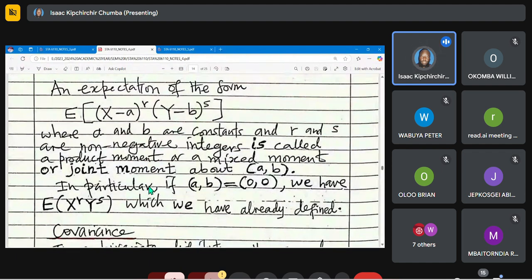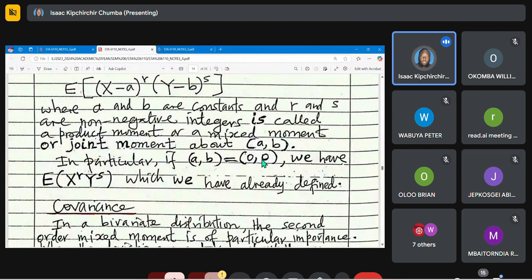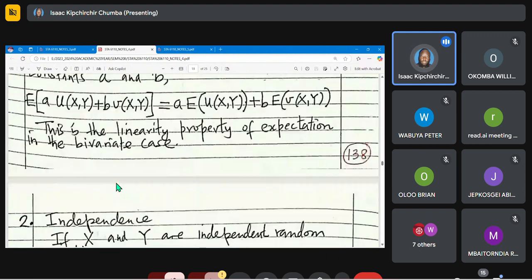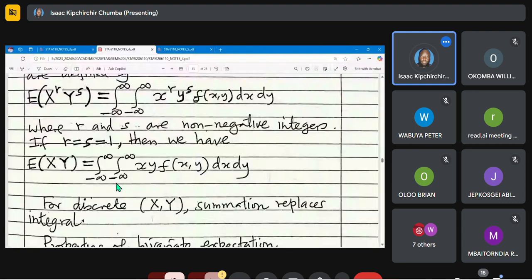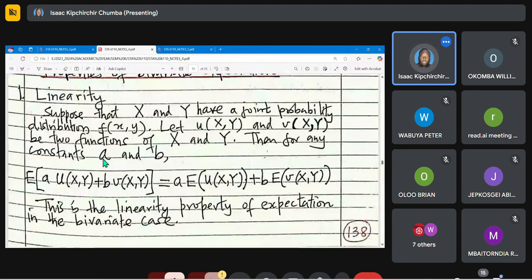In particular, if a equals b equals 0, we are talking about the origin (0, 0), so we shall have the expectation of X to the r, Y to the s, which we have already defined. Whatever we defined earlier is a special case of this one, so this is more general.